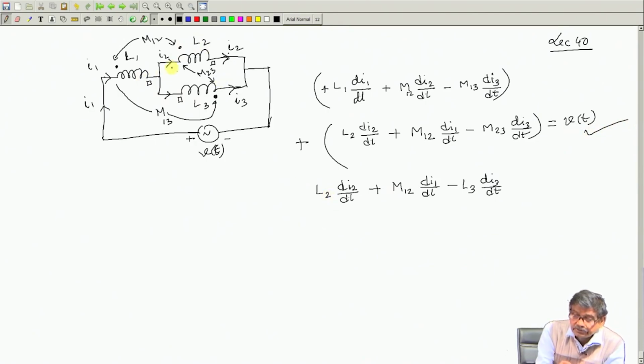So, L2 di2/dt plus 2 minus, then once again plus 2 minus M1 to L1 di1/dt, because left hand side is plus. For this fellow, the best way is, there are so many ways, you form your own mechanism. Okay, this always I will write plus.